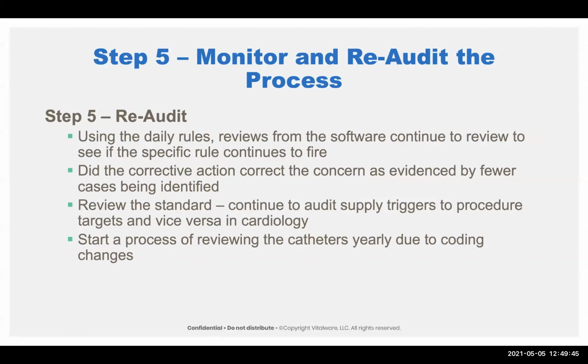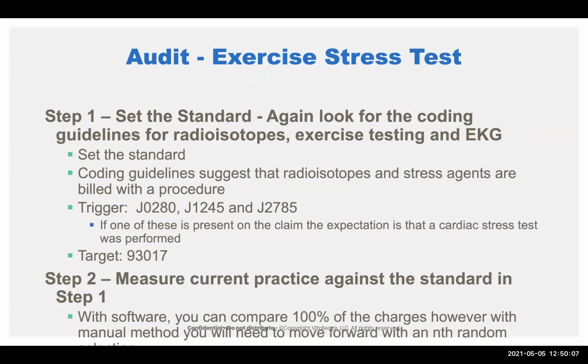Or maybe if it's the wrong device and the device you charged was a single chamber pacemaker, but you put in an AICD, which is $20,000 more, and you're getting paid by a commercial payer at a percent of charge, then it's worth resending the claim through corrected. So you're going to have to look at those.